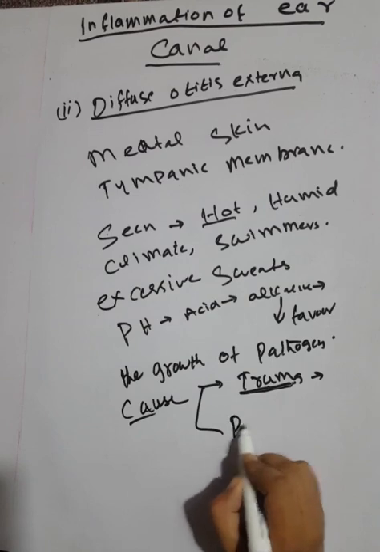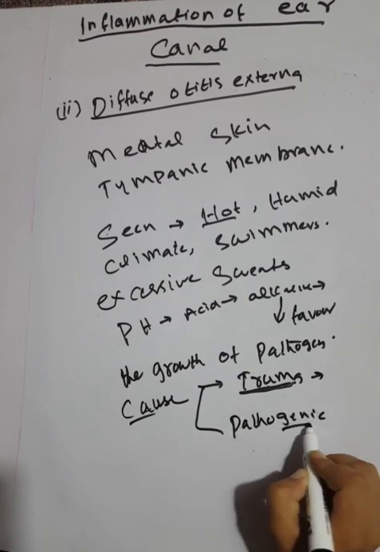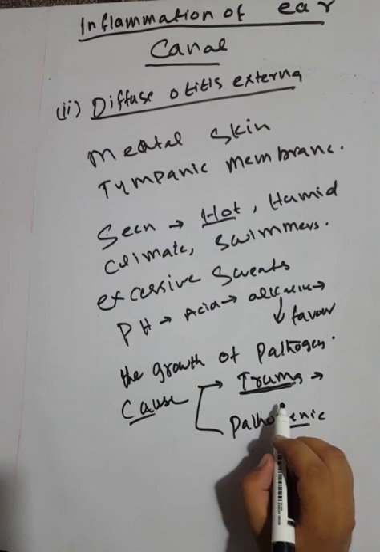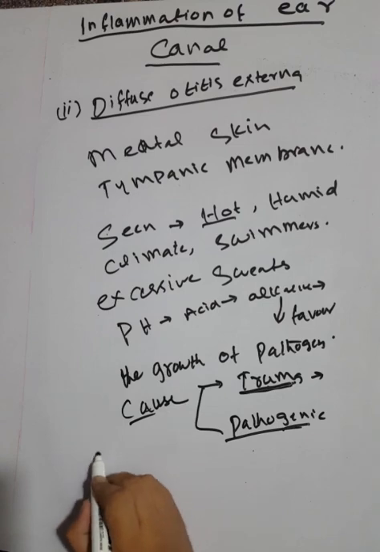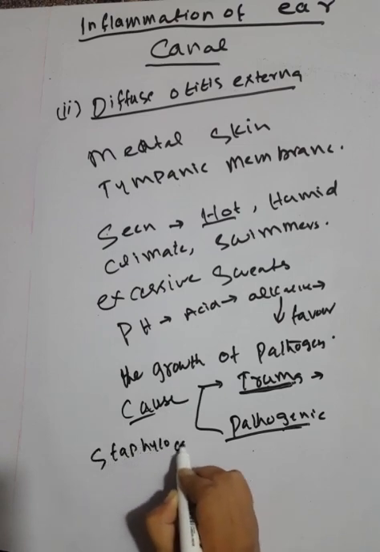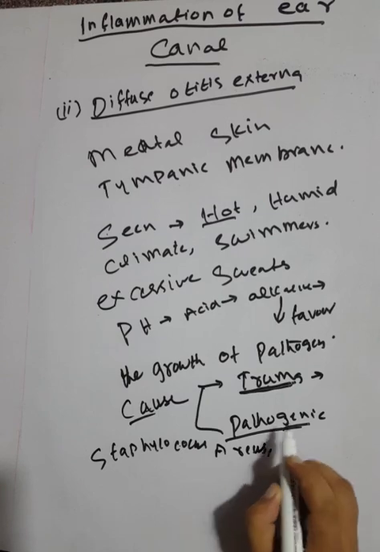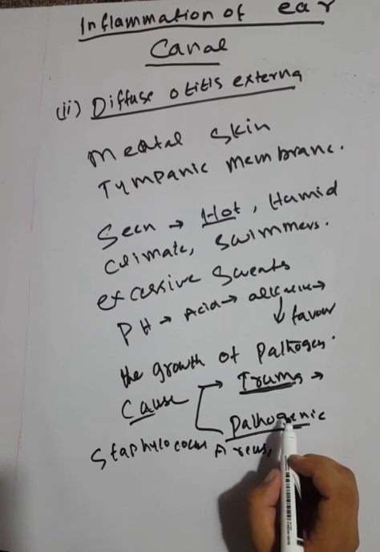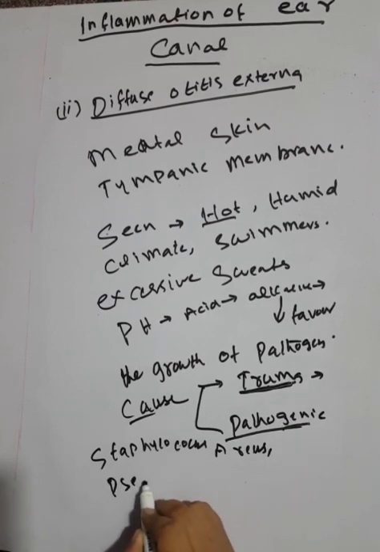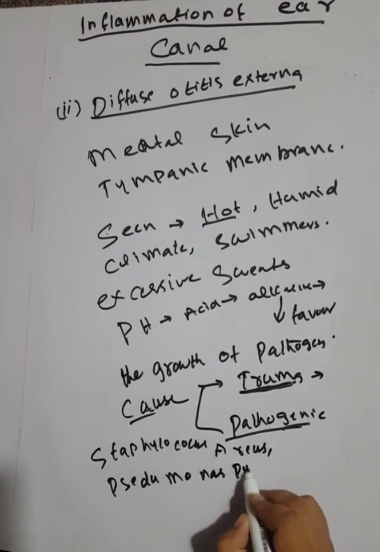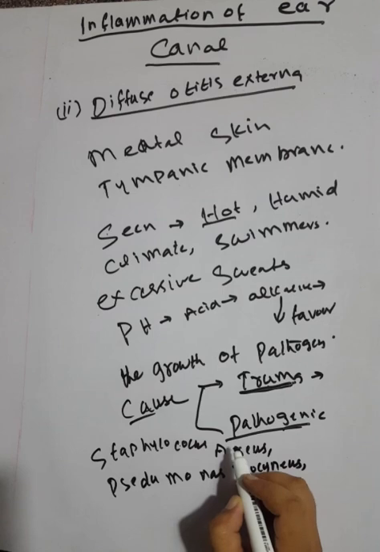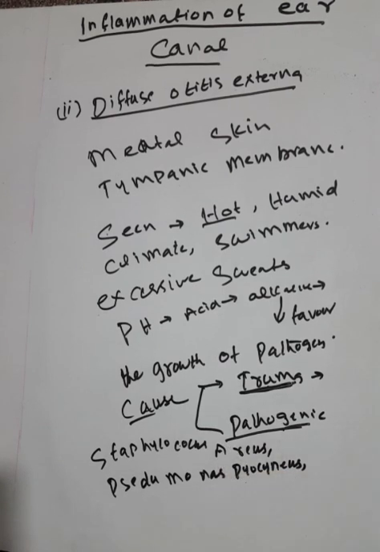The second is the pathogenic cause. The organisms most commonly responsible for otitis externa are Staphylococcus aureus, Pseudomonas pyocyaneus, and also Bacillus proteus and E. coli.